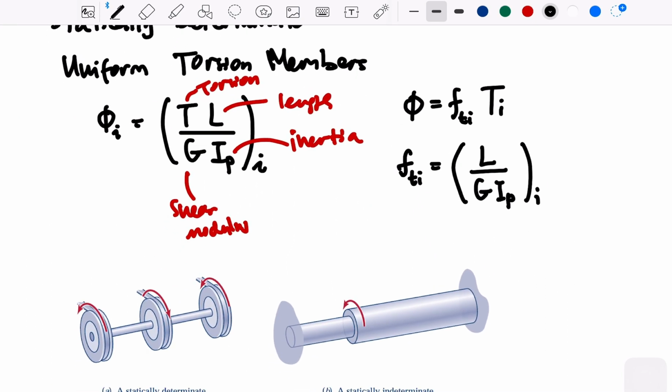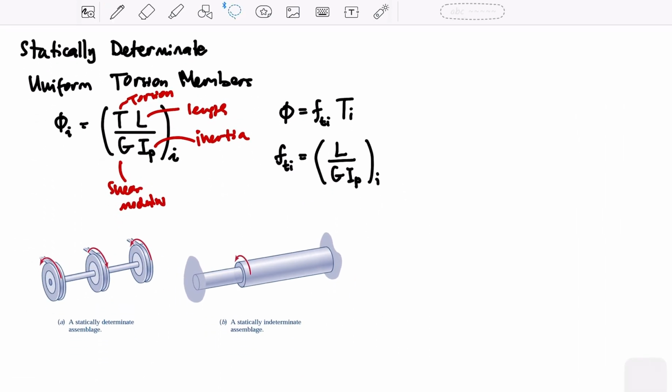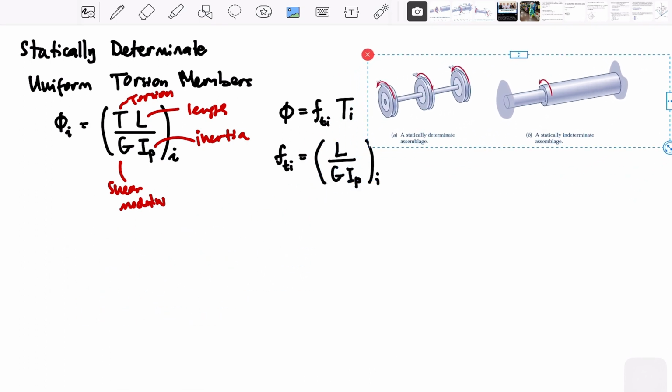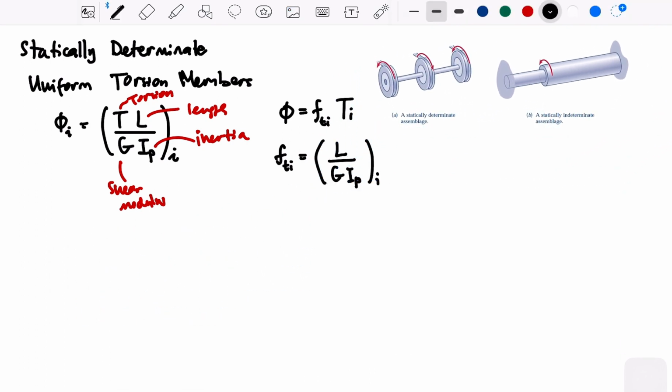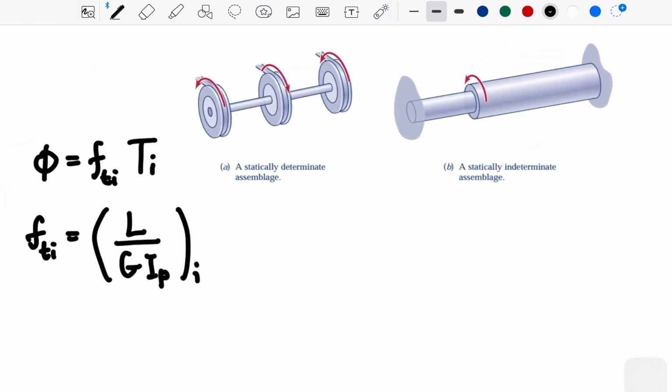Now if you look at the picture, let me move a little bit here. On the left side, the picture says that this is the statically determinate assemblage, which means that we could figure it out from the torsion that is in each member. But the right picture, we call statically indeterminate assemblage.